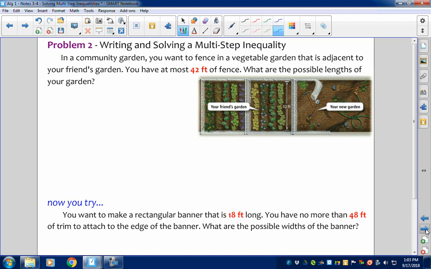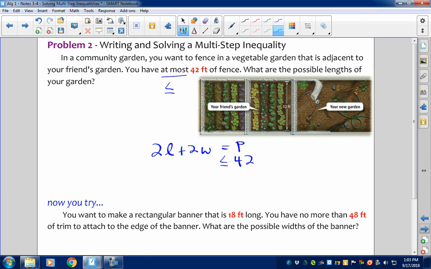So we have this little formula for perimeter. It's twice the length plus twice the width equals the perimeter. Now we're going to turn this into an inequality. It says you have at most 42 feet of fence. So if we have at most 42 feet of fence, we have to stay less than or equal to 42 when we go to build our fence here.